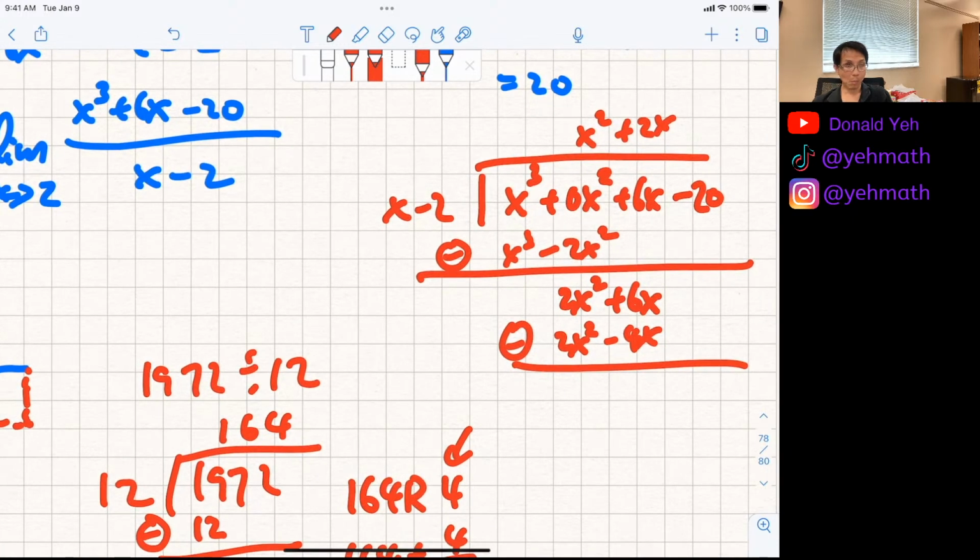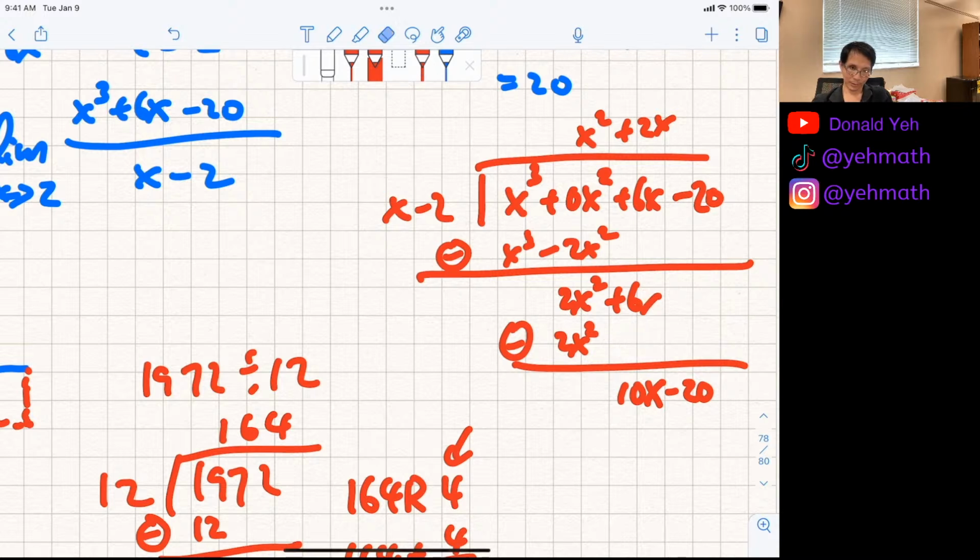Nope. 6x. Nope. Positive 14. Nope. 10x. 6x minus negative 4x, 10x.